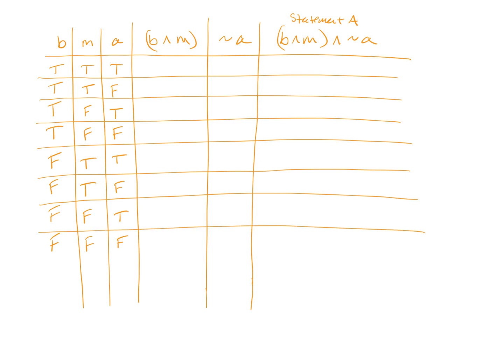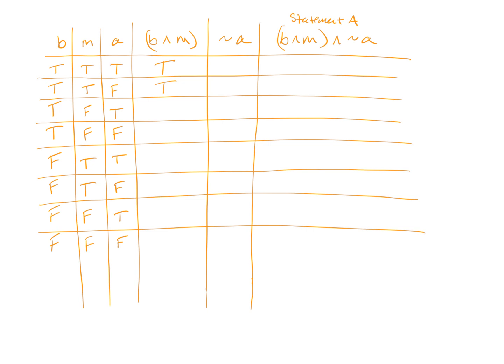Okay, so an and statement is true only when both statements are true. So B and M can only be true if B and M are both true. So here I have true, true, so that B and M would be true. Again, I have true, true, so B and M are true.